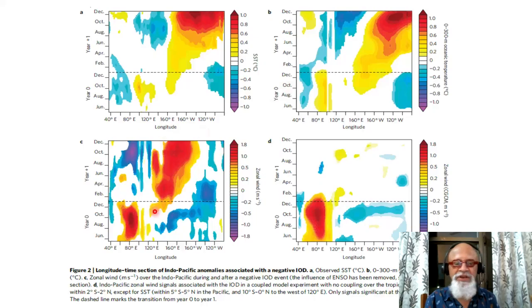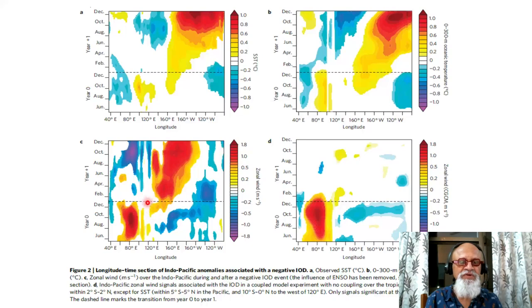In C, we are looking at zonal winds over the Indo-Pacific during and after negative IOD event. The influence of ENSO has been removed. This is always tricky. How do you remove ENSO? Lots of debate about that, but if they are not independent, what does it even mean?